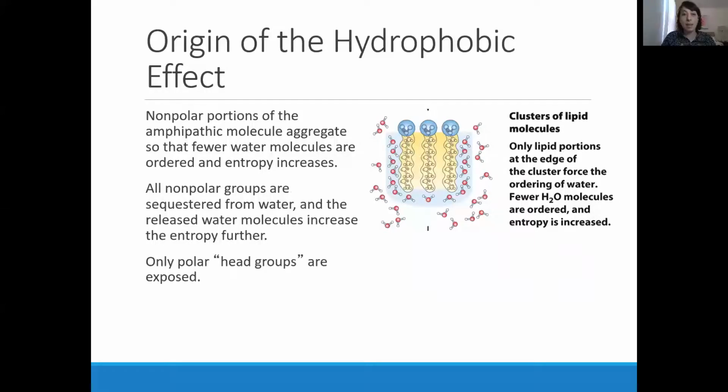This entropic driving force, entropy itself, is what drives the hydrophobic effect. It's what drives these nonpolar groups to cluster together so that it is a more favorable entropic state for water.